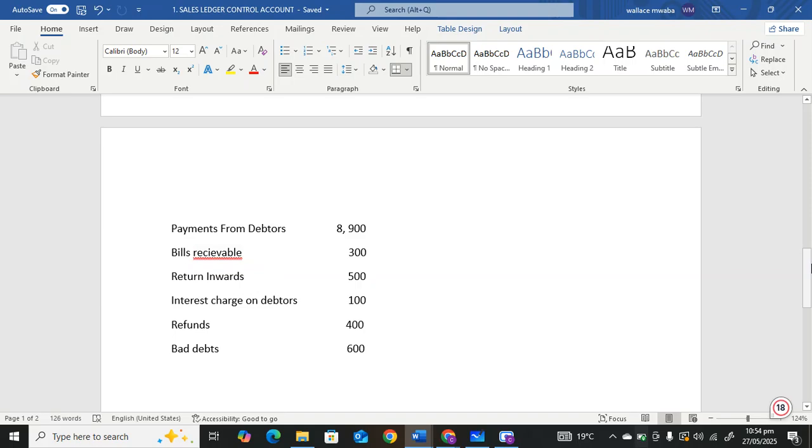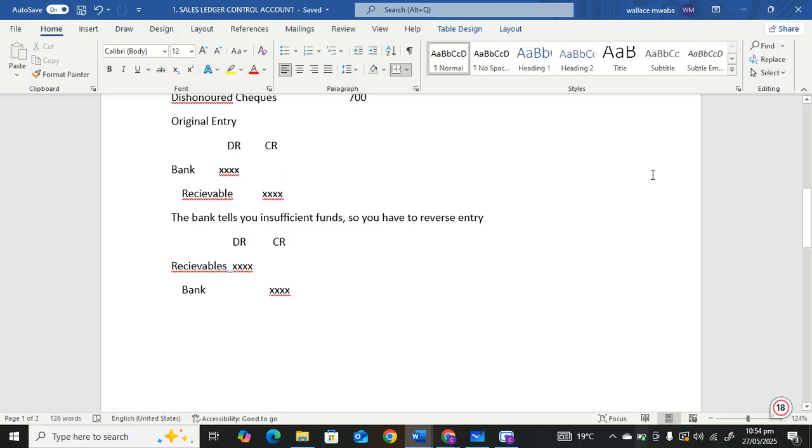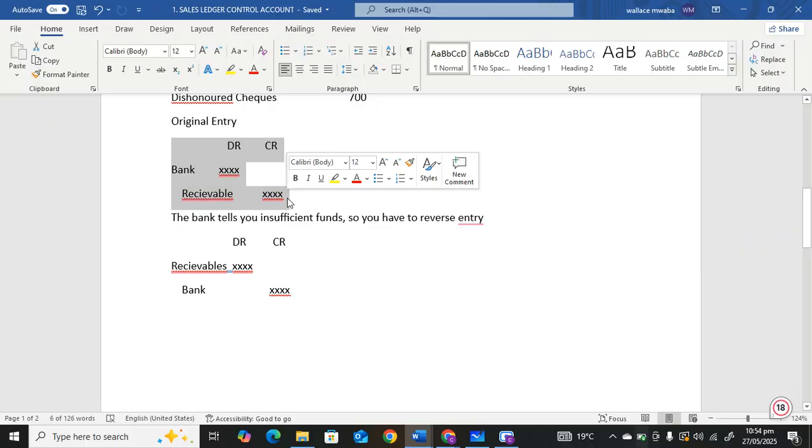So here a debtor or receivable pays you. And we've already seen the double entry. Debit bank, your bank account, the money is increasing. Cash or bank, depending on how they paid. Then you credit the receivable since what they're owing you has reduced. So that's a reduction in an asset, a credit entry.